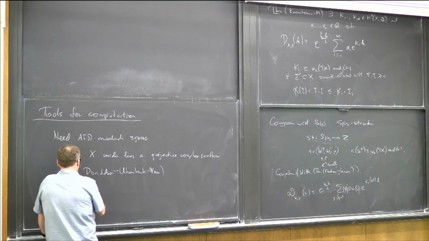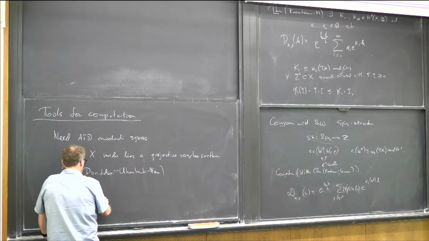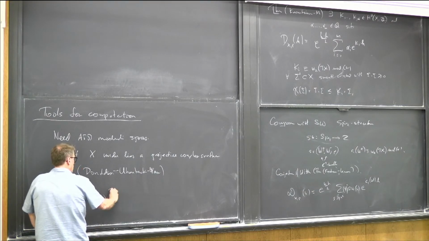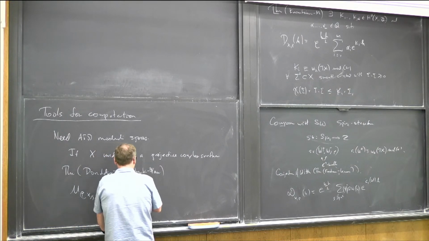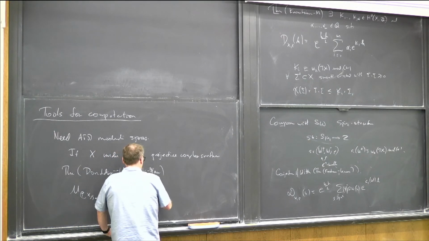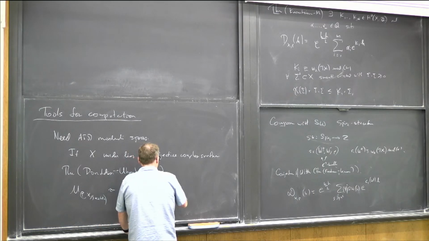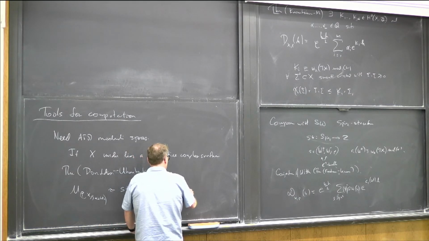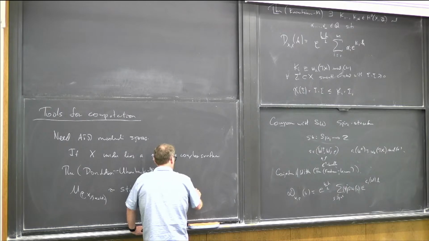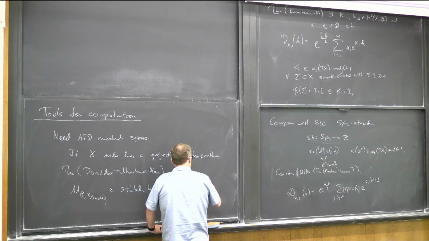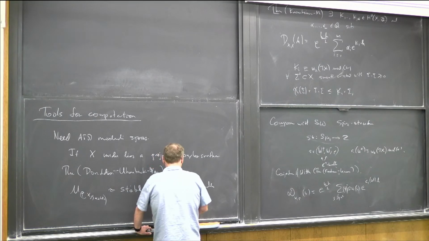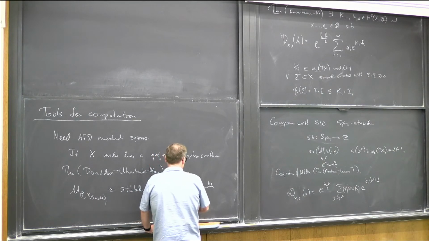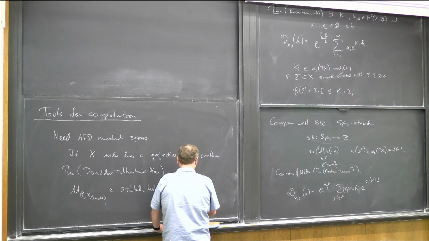of PU(n) bundles on X for a Kähler metric. You can identify that with stable holomorphic vector bundles on X viewed as a projective variety.